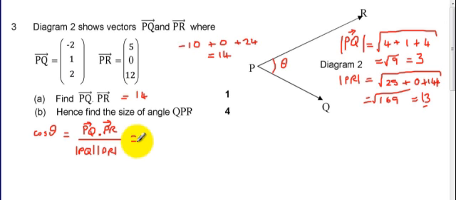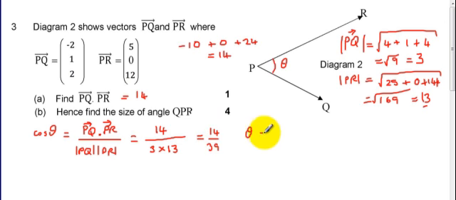Back to our formula. So cos theta, on the top we've got PQ dot PR, which is 14, over the length or magnitude of PQ, which is 3, times the length or magnitude of PR, which is 13. So this gives us that cos theta is 14 over 39.